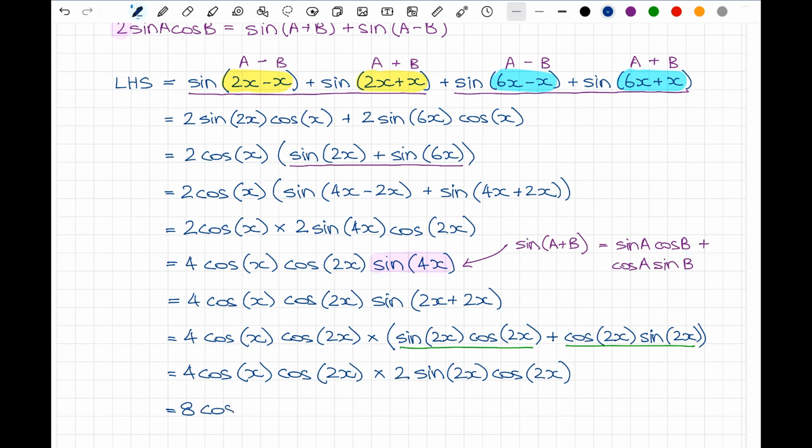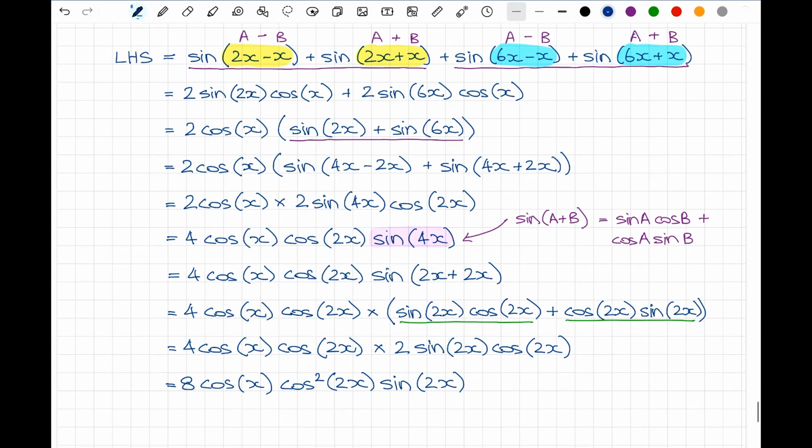I've got my cos x still unchanged. But now I've got cos 2x times cos 2x, so I've got cos squared 2x, and then the sine 2x off to the end. And again, now I'm very close, and I can actually repeat that process that I just did, that result of sine a plus b.